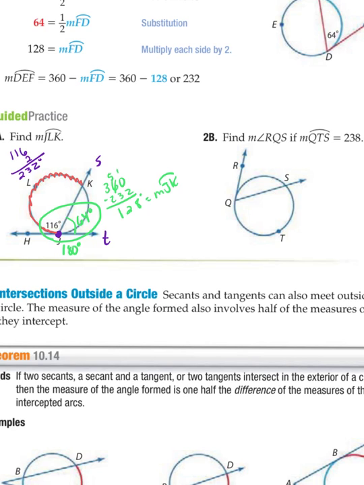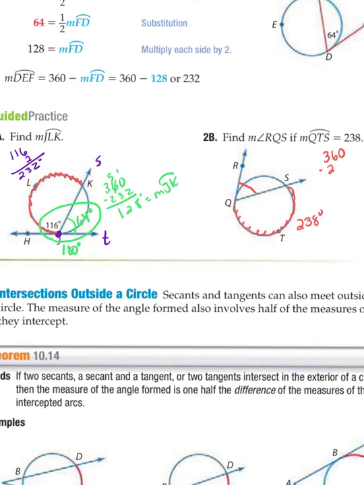Moving on to 2B, we're to find the measure of angle RQS. And notice part of the angle comes outside the circle. That's perfectly fine. If the measure of arc QTS is 238 degrees, once again, we have 360 degrees in our circle.